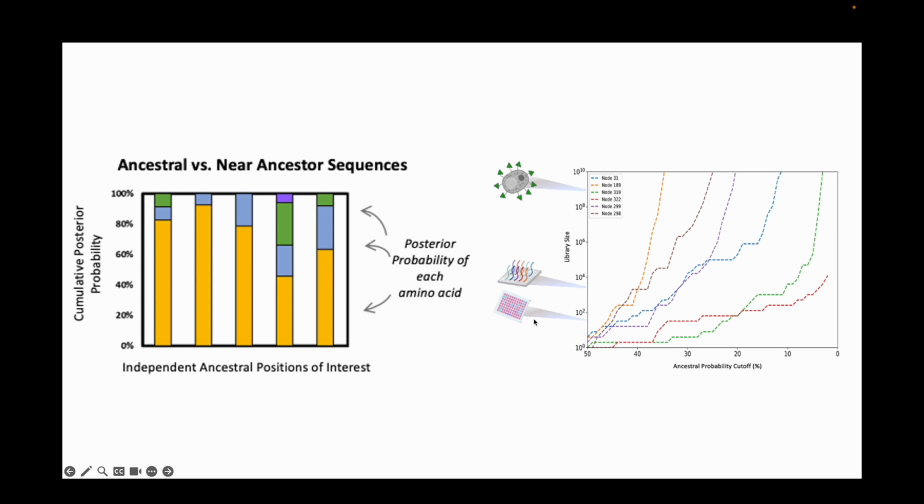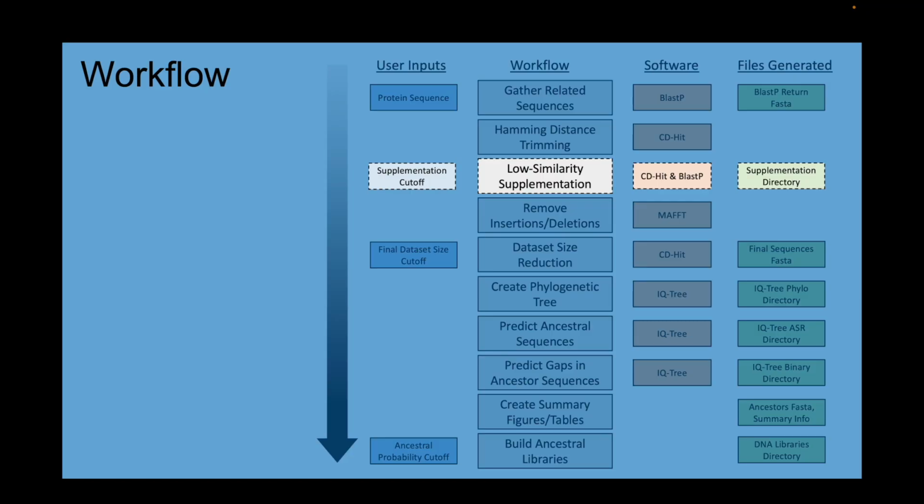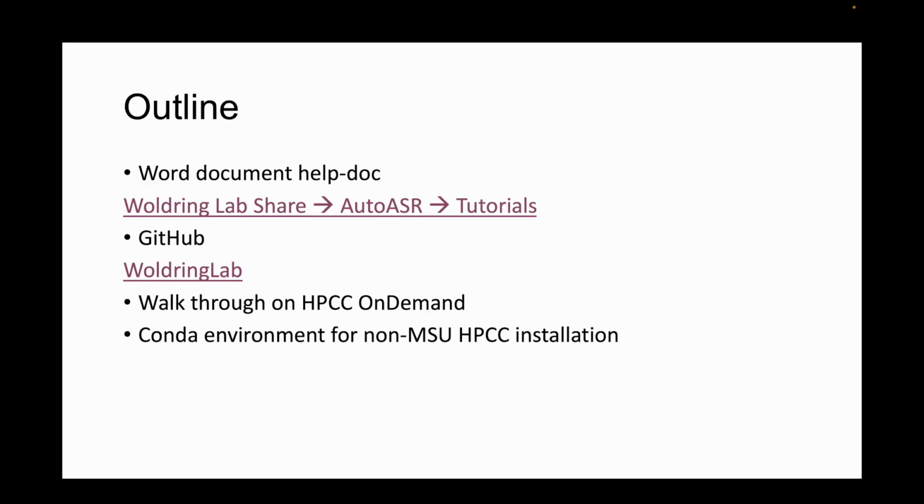For example, if you had different assays that you wanted to use, you would want to tailor the library size based on what you're trying to accomplish. And one thing I didn't mention is the supplementation. For the purpose of this video, we're going to skip that. But it's a feature that you can use if you have noticeable gaps in alignment, and that could be a topic for another video. So now that's the end of the scripted portion.